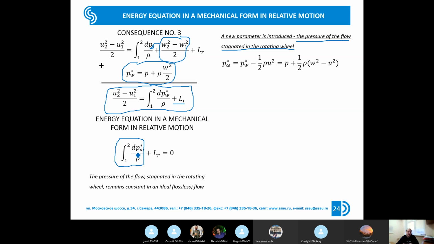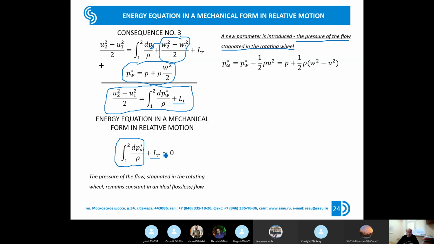And it means that the value of P omega with the star will be constant in the rotor wheel, but only in the case of ideal flow. Of course, in reality, you see that in this equation we have losses. It means the losses will impact the value of the pressure of the flow stagnated in the rotor wheel.